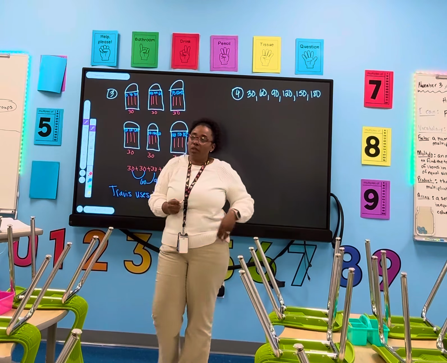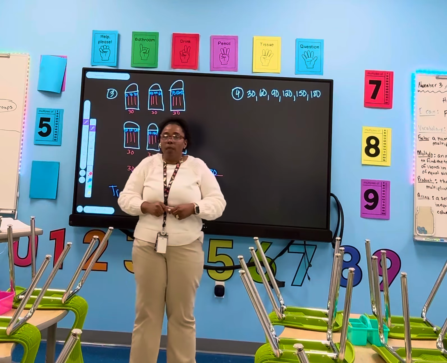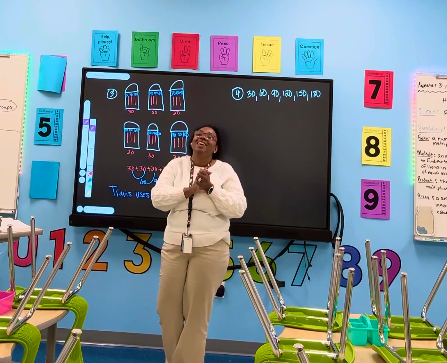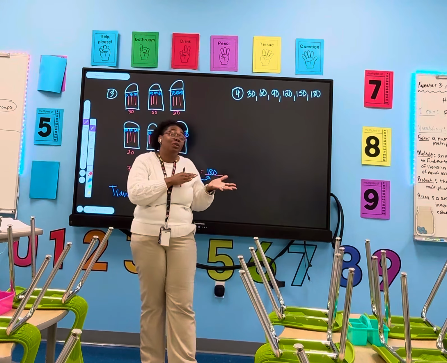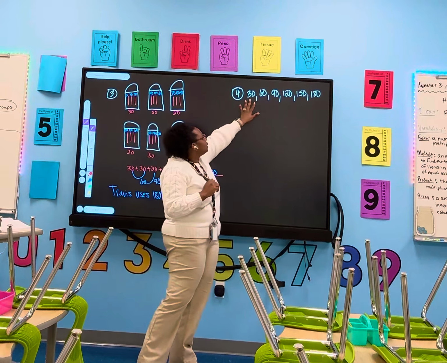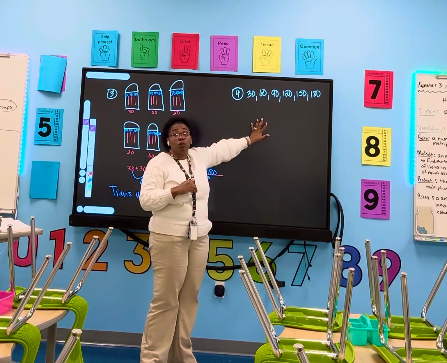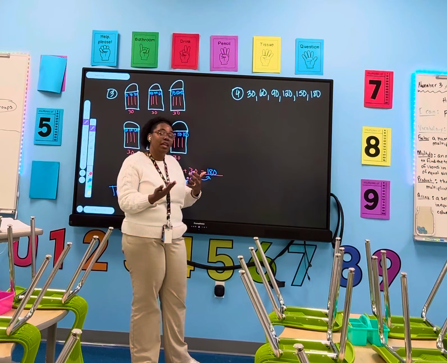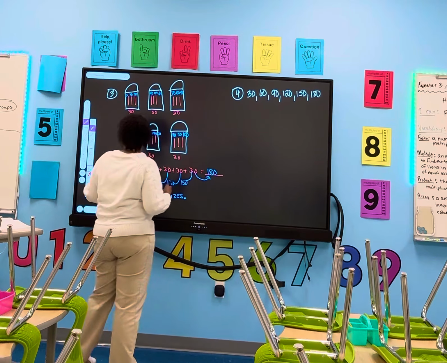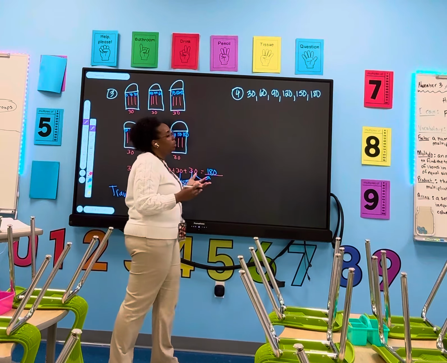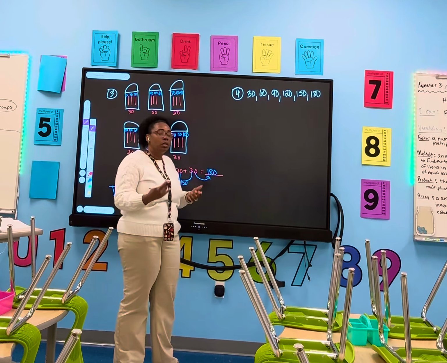Sorry, Miss Newman lost her train of thought because I was trying to think of another way that I can show you how to do the skip count, and I thought about it mid skip count. I'm going to show you also how this resembles just a regular skip count of 3. The only difference is you have that 10 on the end with that 0. So if I did a regular skip count by 3, I want to show you how they are very similar to each other.